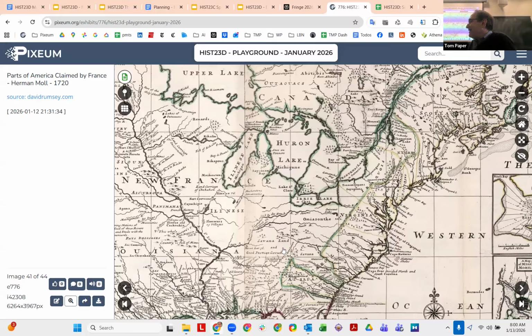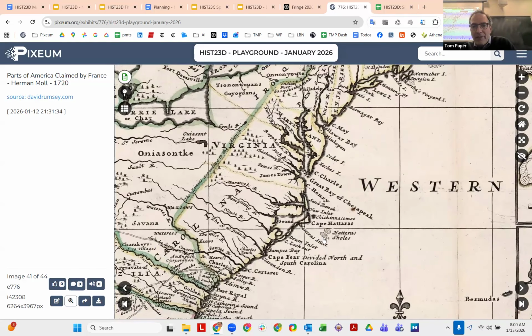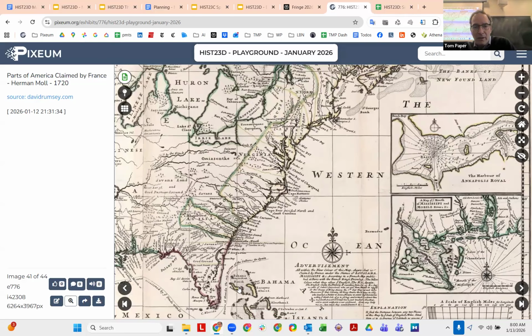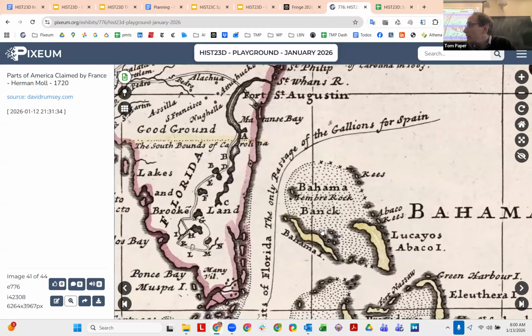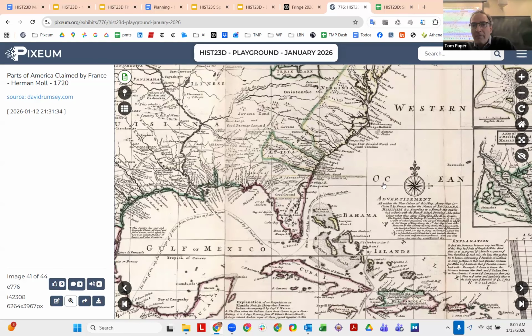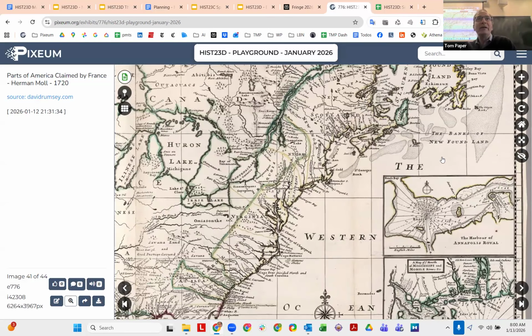What are those gray things in the water along the coastline? Maybe shallower water, not these shoals. You mean these right here? There's a bunch of them in the north, east.